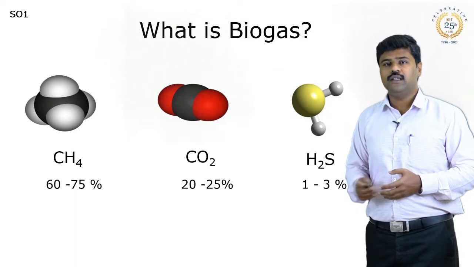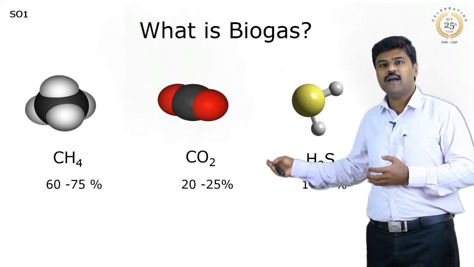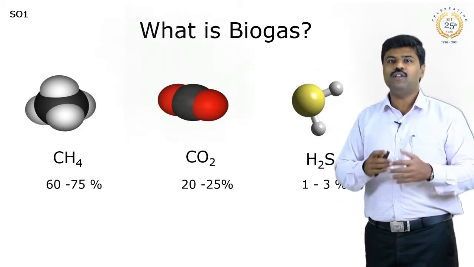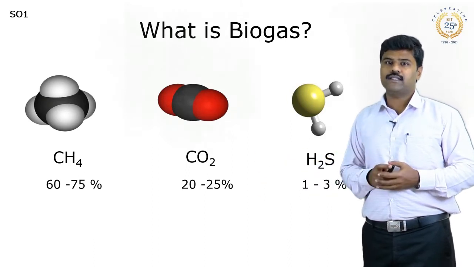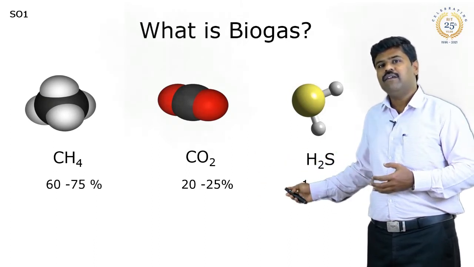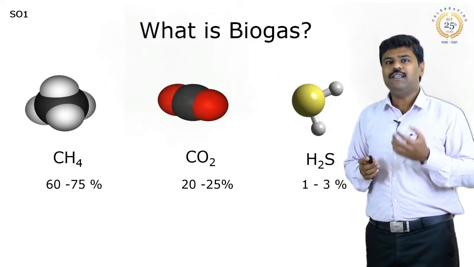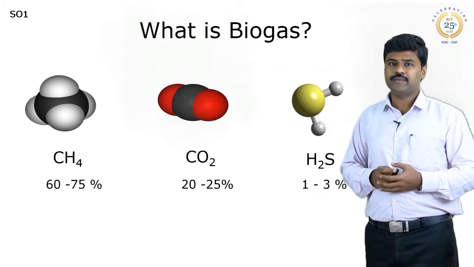You all know that carbon dioxide is commercially utilized as a fire extinguisher. This carbon dioxide present in the biogas is going to reduce the calorific value of the biogas, so we need to remove this carbon dioxide. Similarly, whenever you are crossing sewage water treatment plants, you can smell the bad odor. This bad odor is because of hydrogen sulfide.